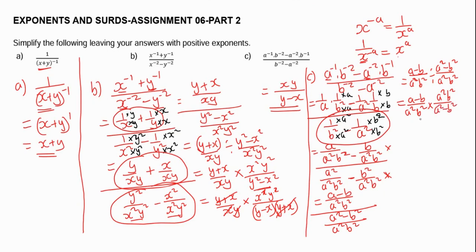Right, we can see difference of two squares here. We can even start by dividing this. A squared b squared divided by a squared b squared is 1, so we have 1 there. Then the remainder with a minus b over a squared minus b squared. Right, and the difference of two squares there, a minus b, then a minus b, a plus b. Then a minus b divided by a minus b is 1, so it remains with 1 over a plus b.